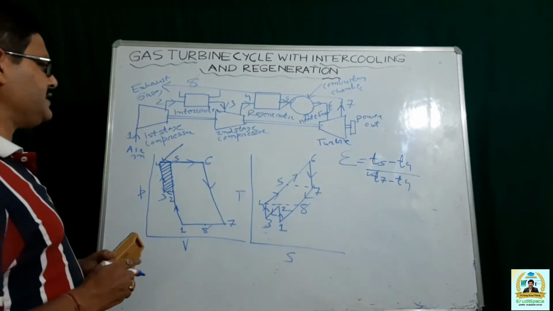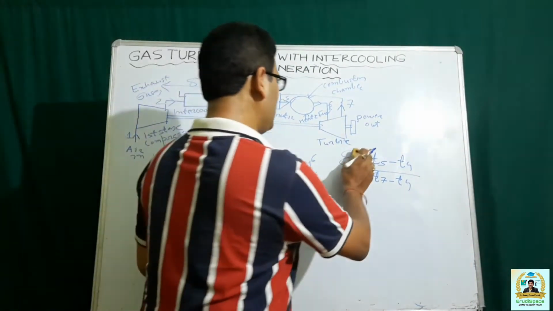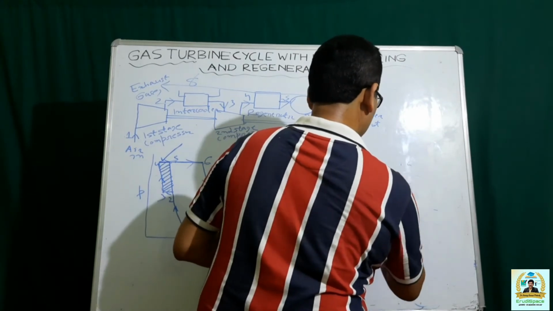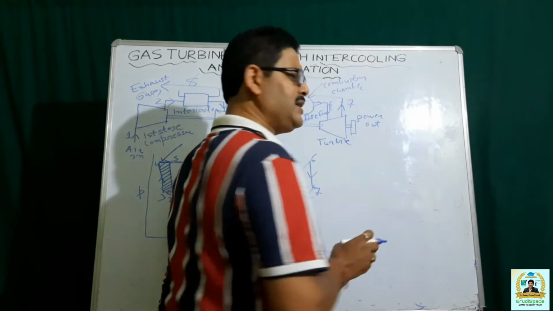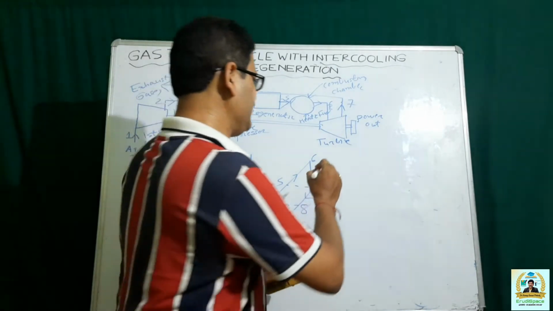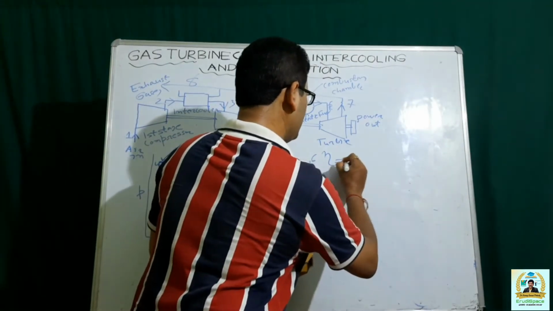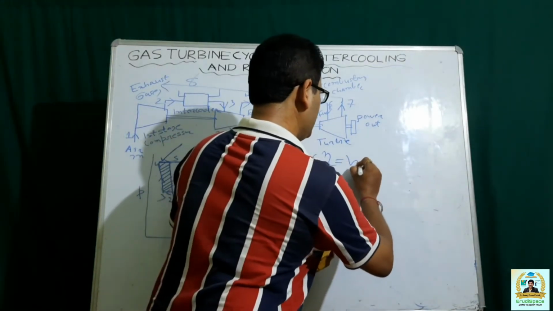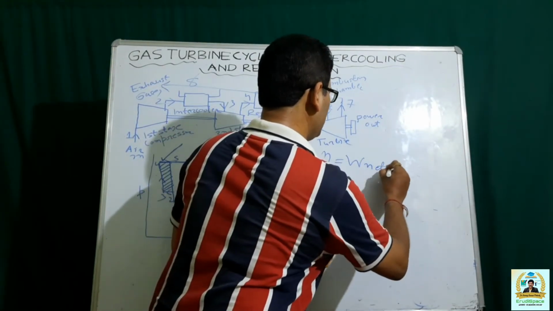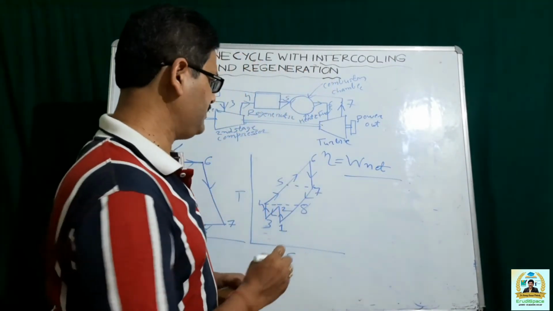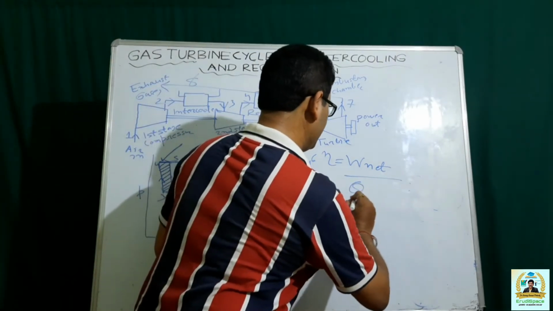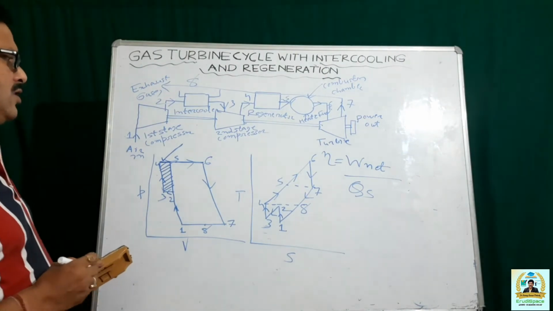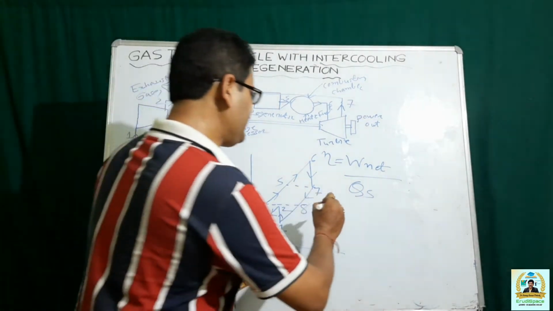The next important thing that we are going to discuss is the efficiency of the cycle, and all of us know that efficiency of any cycle, eta, is the ratio of the net work output divided by the heat supplied. Now, what is W net?